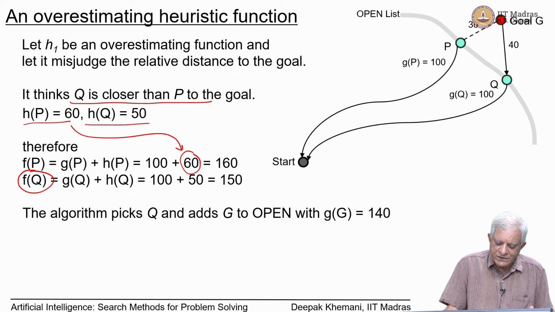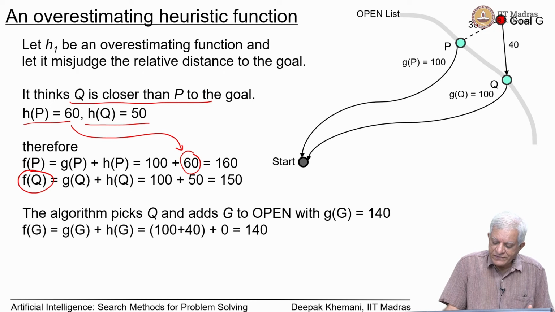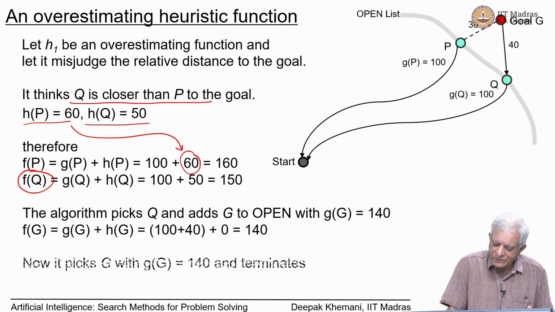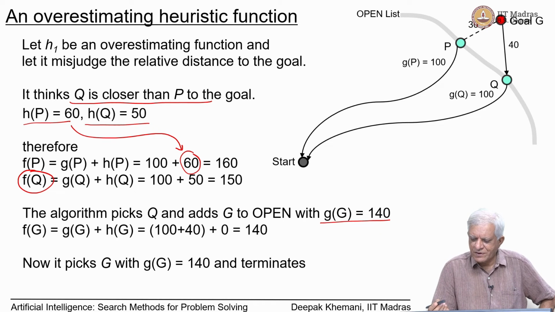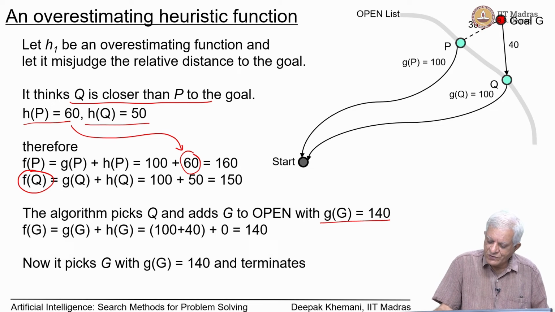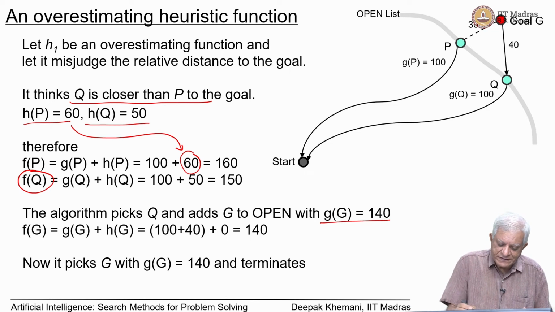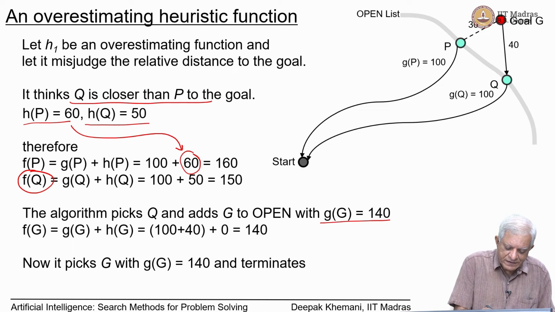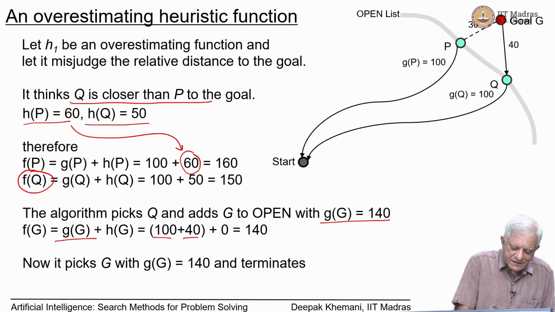So, algorithm picks q and adds g to open with a cost of 140. By this point it has discovered the actual cost because it has generated g as a child of q and it has computed its value as 100 plus 40. 40 is the edge cost for q to g, and so f of g, which is equal to g of g plus h of g.